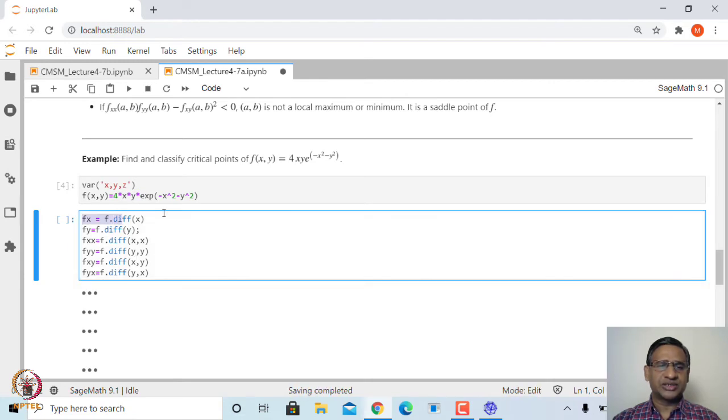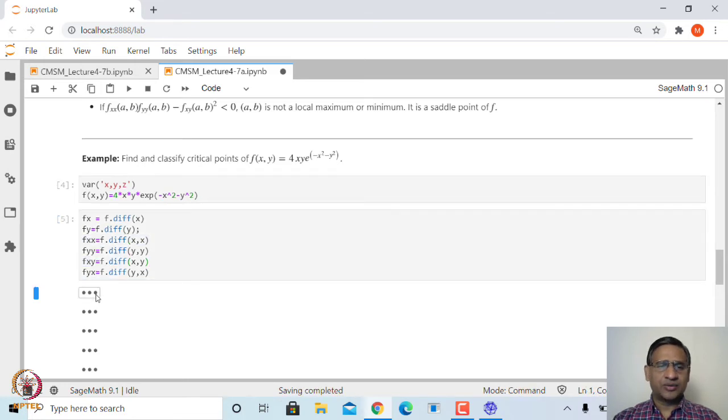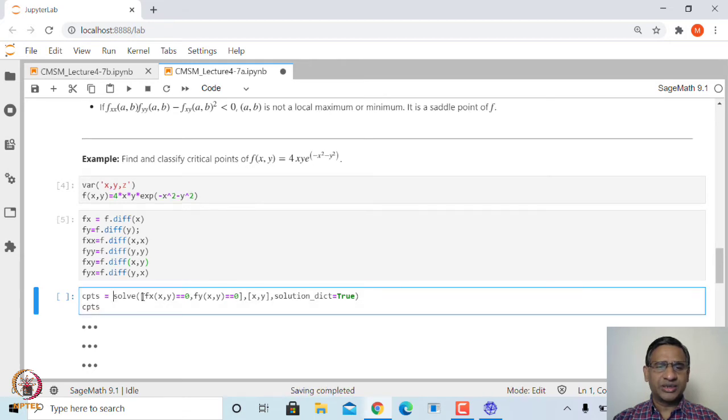So, first let us find out the first and second order partial derivatives. This is first order partial derivative of f with respect to x, followed by first order partial derivative of f with respect to y. So, that I am calling f x, f y. This is second order partial derivative of f with respect to x twice, and so on. Let us evaluate this, and once you have evaluated this, let us find the critical points by solving f x at x y equal to 0, f y at x y equal to 0 for x y, with the condition that you enable solution dictionary equal to true.